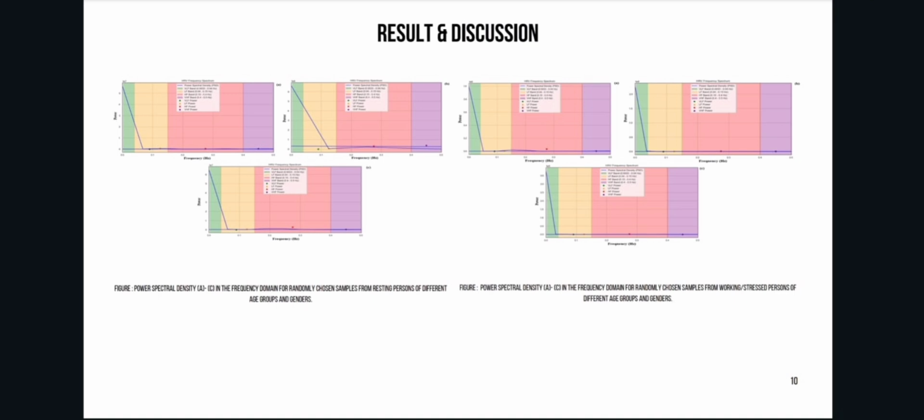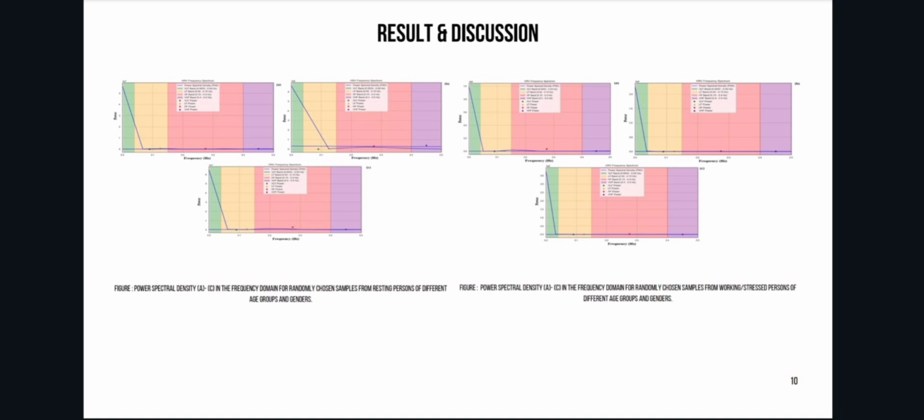All the frequency domain parameters have been computed using the fast Fourier transform of the RR or interbeat interval data and obtained the power spectral density by taking the absolute squared values of the FFT coefficients. The PSD represents the distribution of power across different frequency components in the RR interval signal.